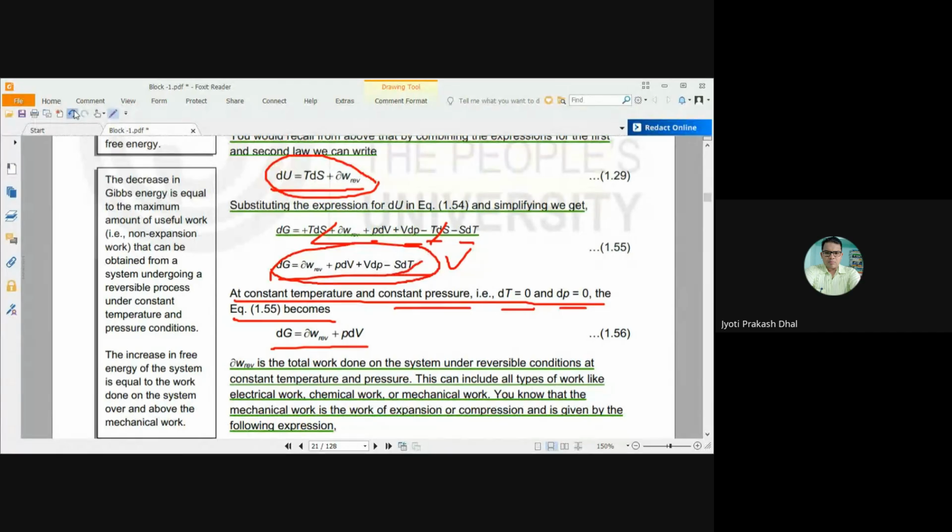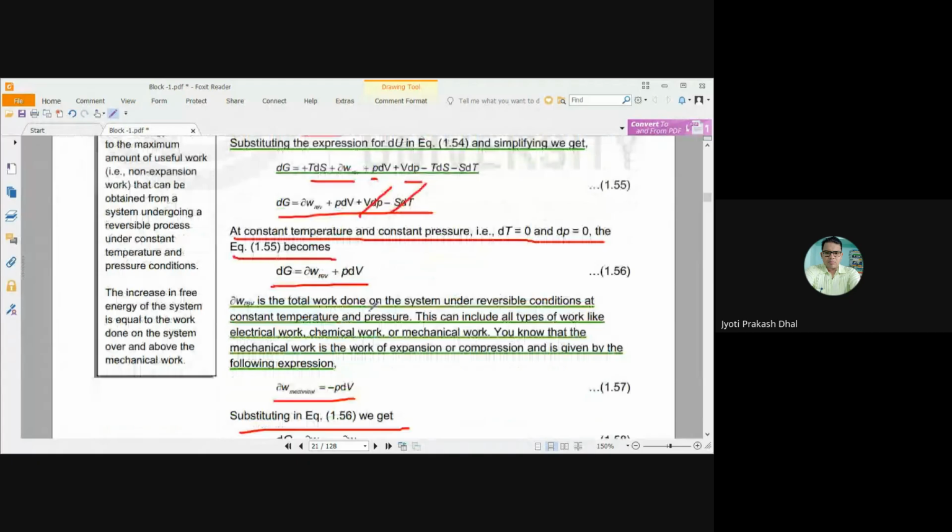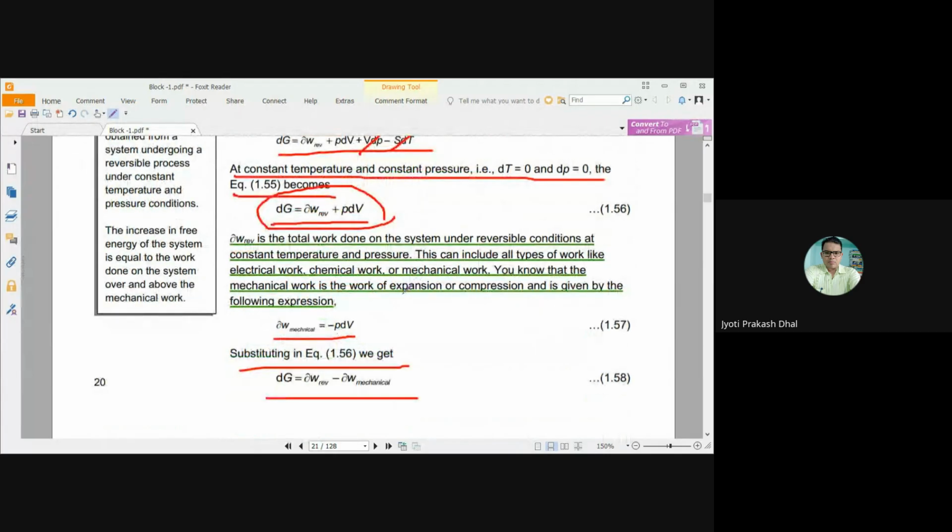So the V dP term will be 0. So we can write dG equals dW reversible plus P dV. Here dW reversible is the total work done on the system under reversible condition at constant temperature and pressure. This can include all types of work, like mechanical work, electrical or chemical work also.